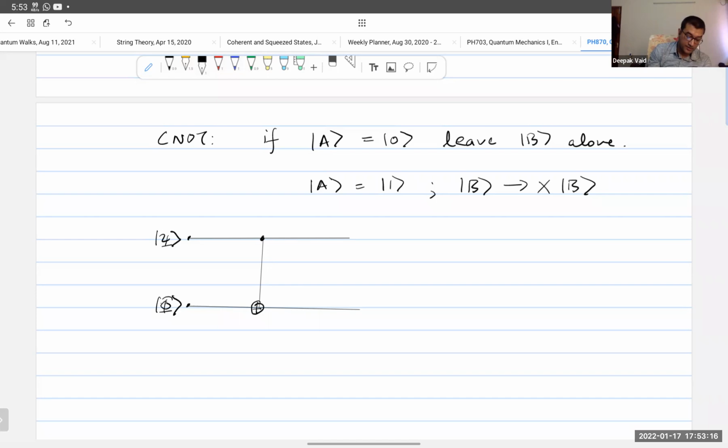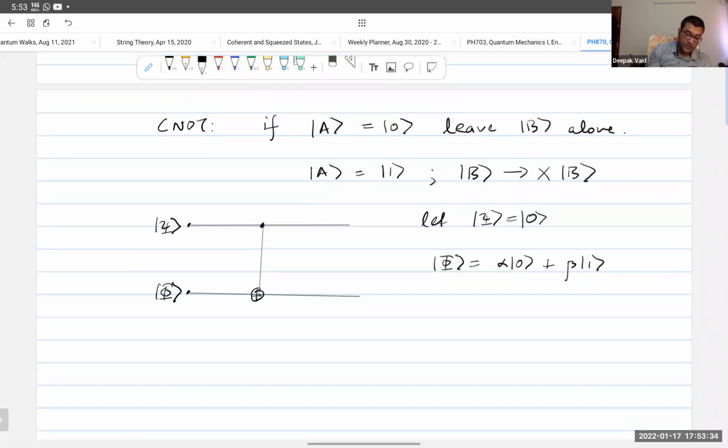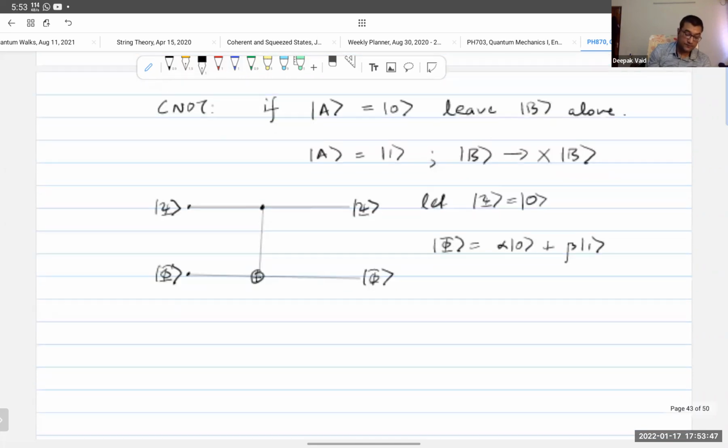So in that case, what happens? For instance, let psi be equal to 0, and we'll take phi to be some superposition of 0 and 1. What is the effect of this gate? What is the output state over here? In this case, nothing happens, because psi is 0.